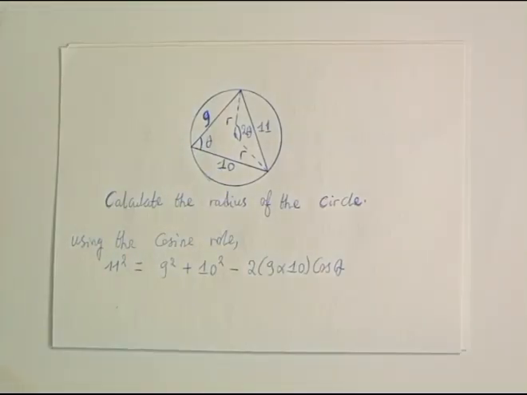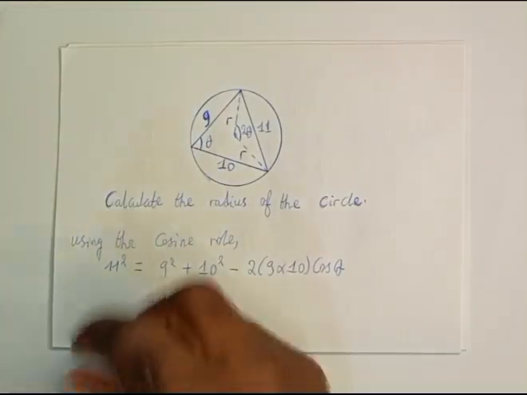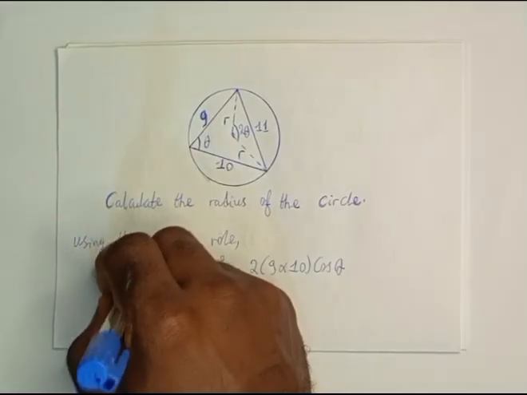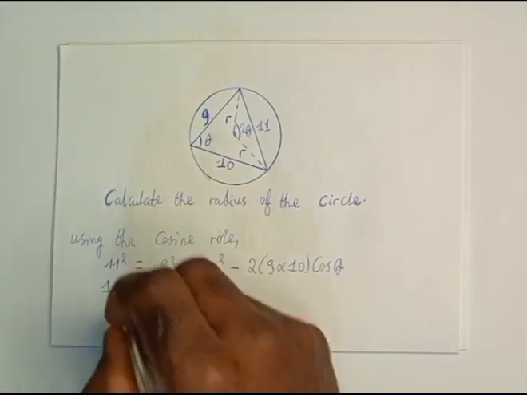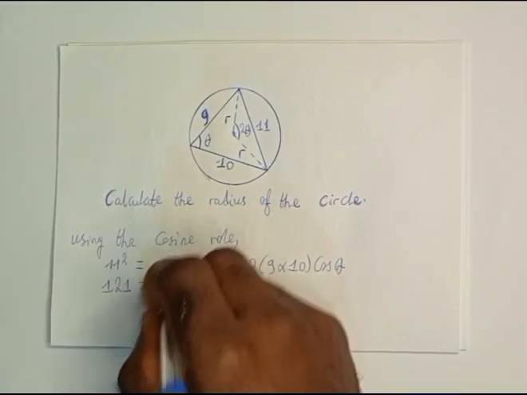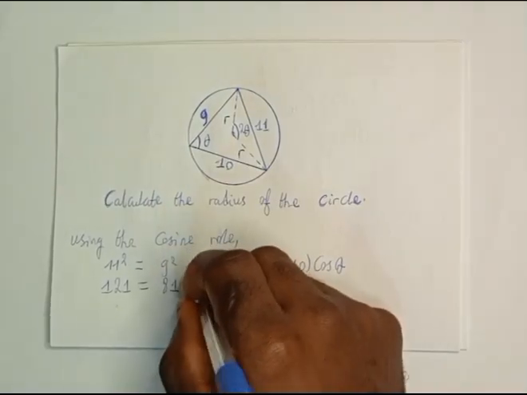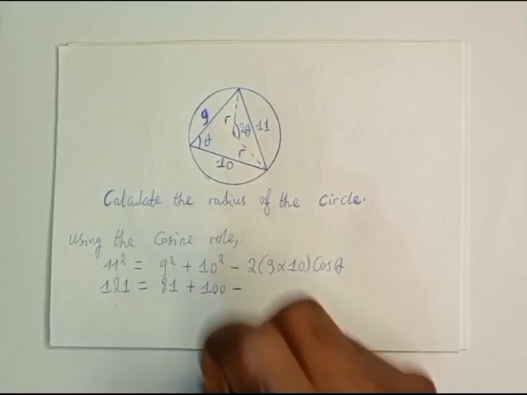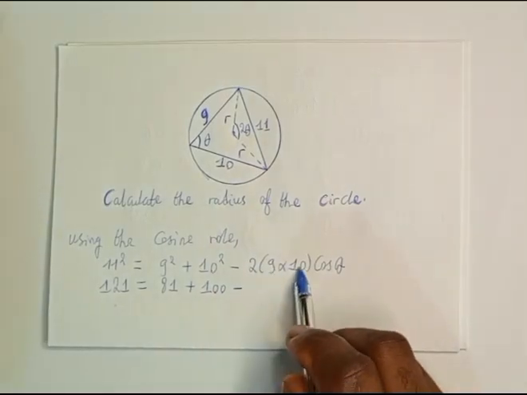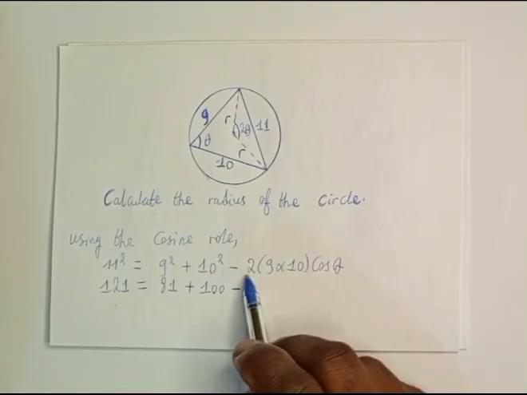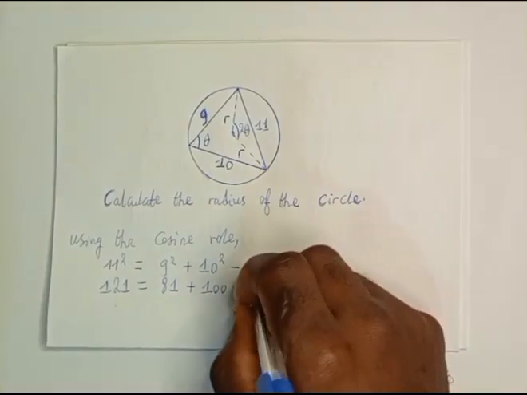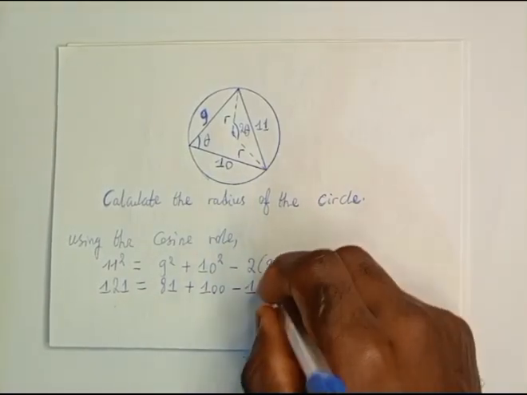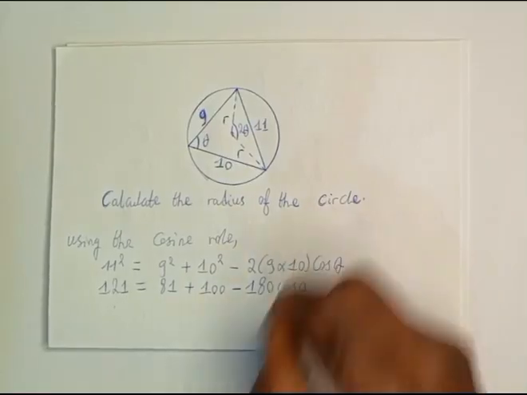Next, we have to proceed with the simplification. 11 squared gives us 121 is equal to 9 squared, which is 81, plus 10 squared, which is 100, minus 9 times 10 gives us 90. 90 times 2 gives us 180 cos theta.